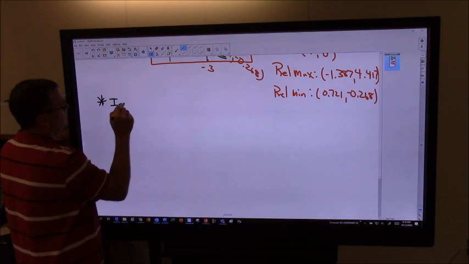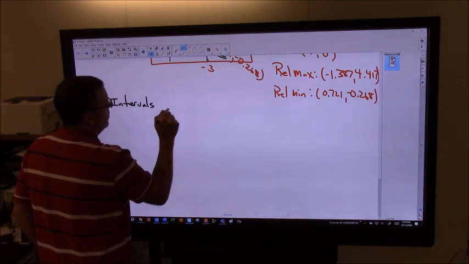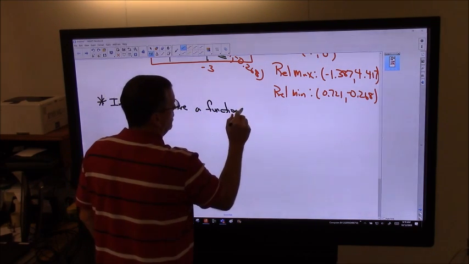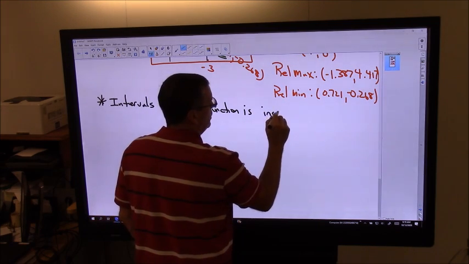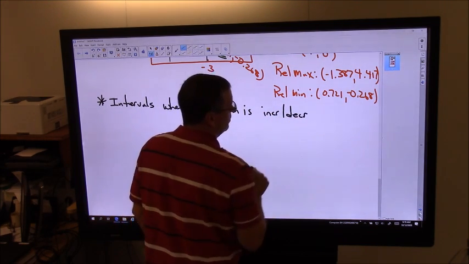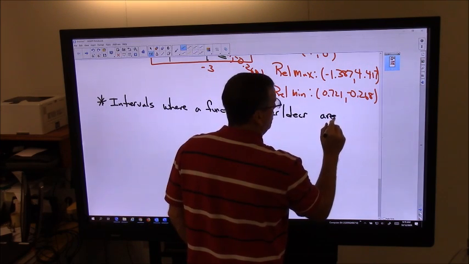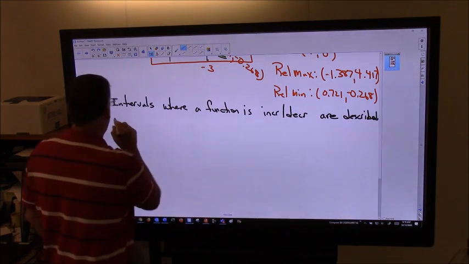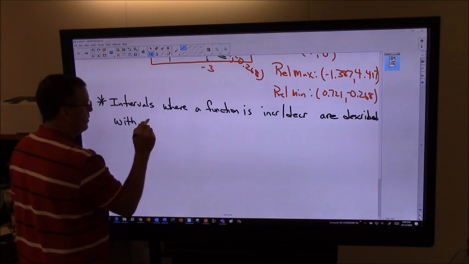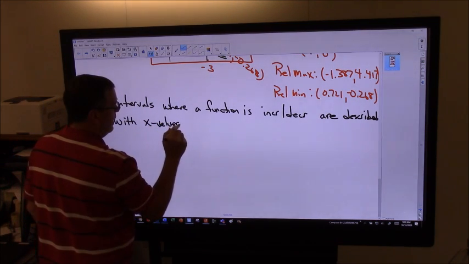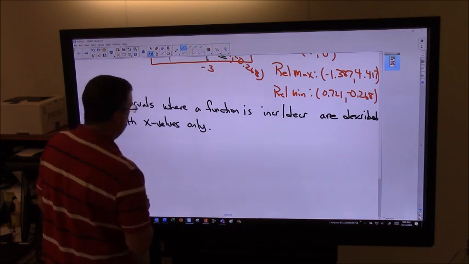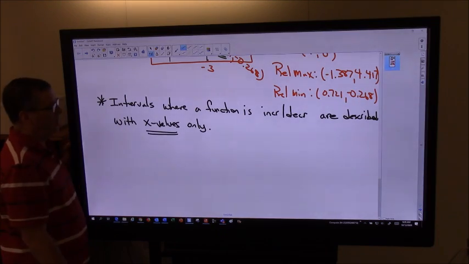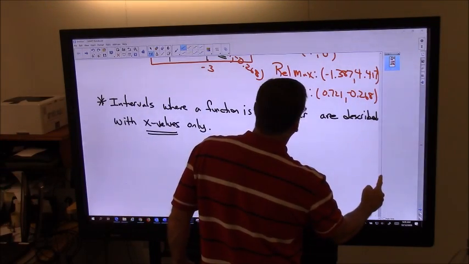Intervals where a function is increasing or decreasing are described with x values only. Okay, x values.